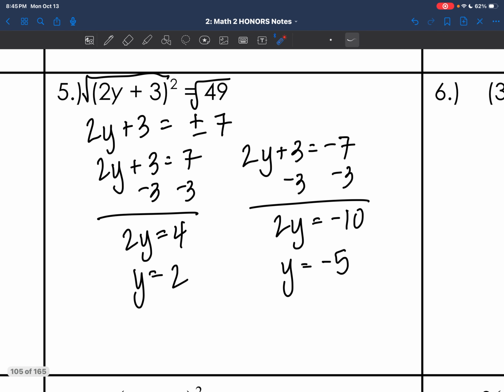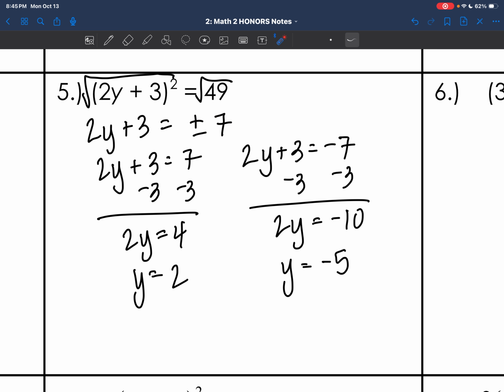All right, now for this one, when you look originally, everything on this side is being squared, so we don't have to do anything except for this. Once we take the square root, we're going to have 2y plus 3 over here with plus or minus 7 over here.